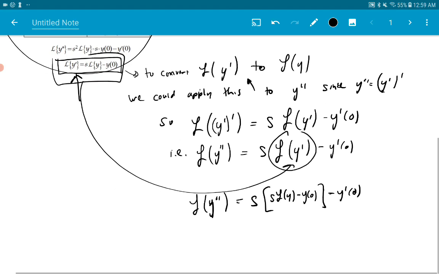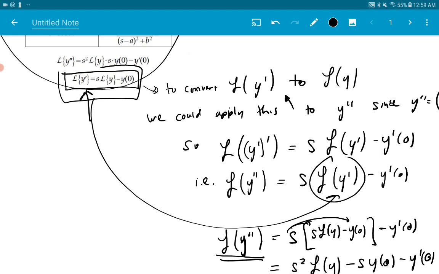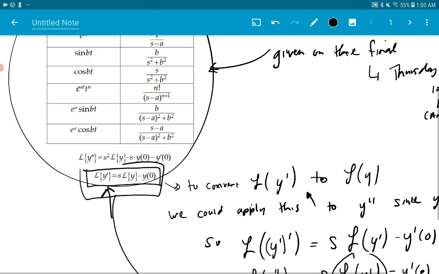If I distribute that s across the sum, I get s squared Laplace transform of y minus s times y of 0 minus y prime of 0 for the Laplace transform of the second derivative. Well, that's the formula that's in this table right here. Okay, so that's where that comes from.